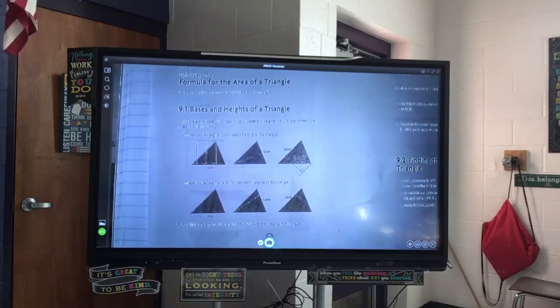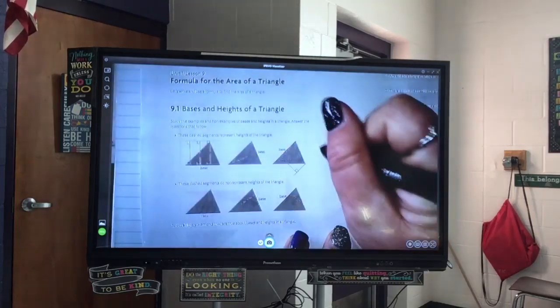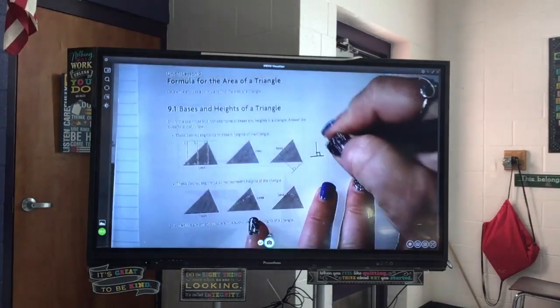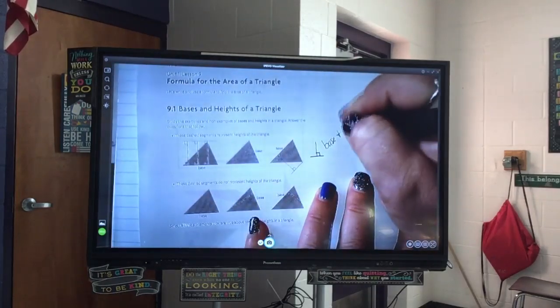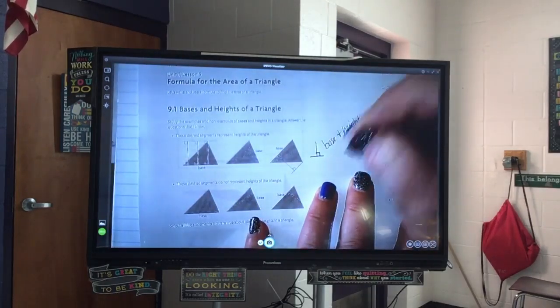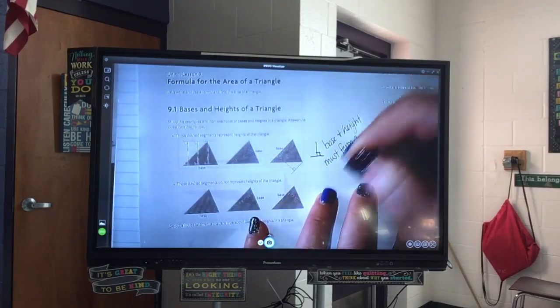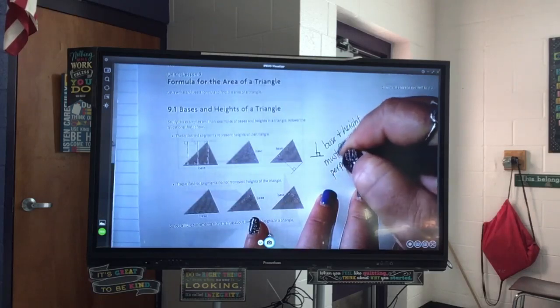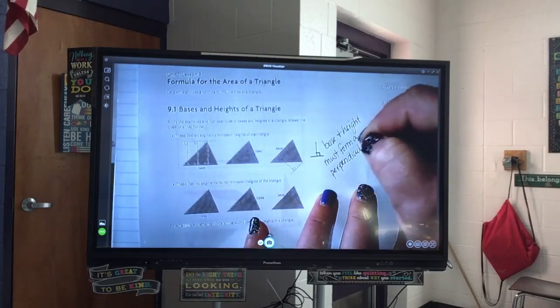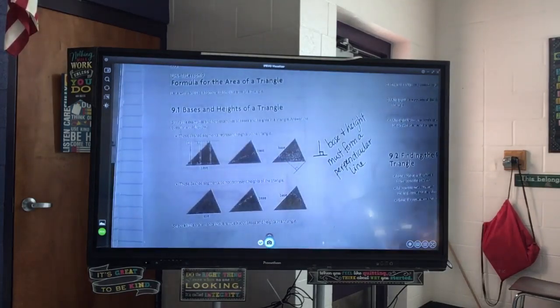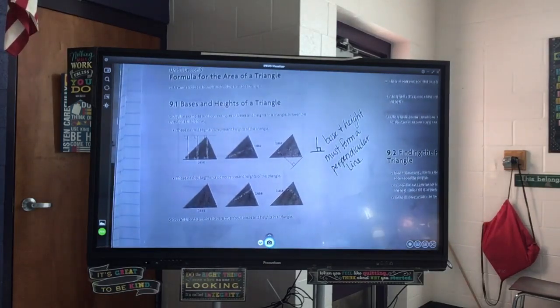Delilah. They're forming that perpendicular line, so you have your right angle somewhere around there. So the base and the height must form a perpendicular line. Alright, please make sure you write that down.